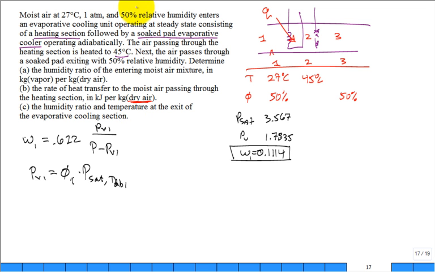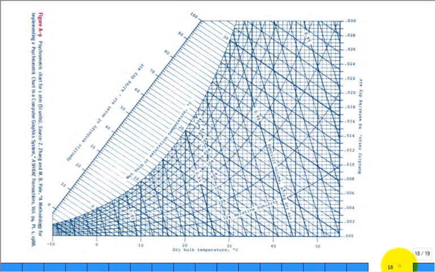Wouldn't that then be lowercase q equal to the enthalpy coming out at 2 minus the enthalpy at 1? True? And so we go to a psychrometric chart and we say, where are we at? We're at 27 and 50% right there.